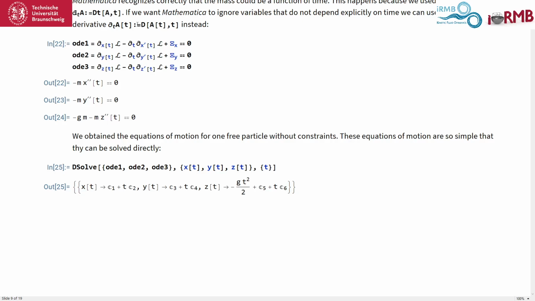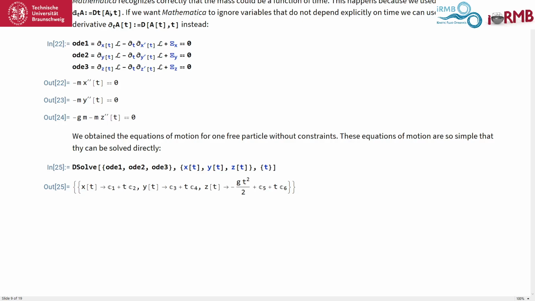So that it will take into consideration, for example, that, so it will not evaluate this because it does not know in what way a may depend on t.